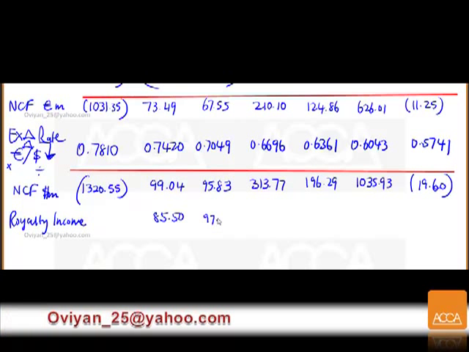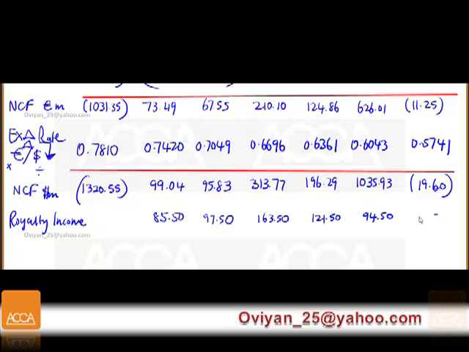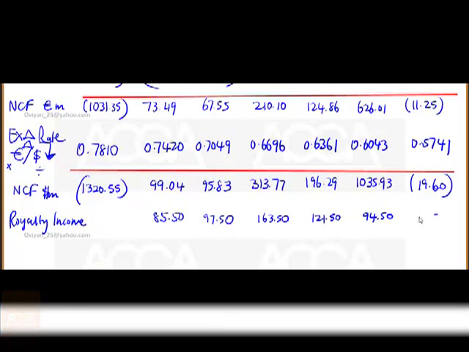85.5, 97.5, 163.5, 121.5, 94.5. But don't forget, once you bring it in as your royalty income, Penn company will be taxed in that country at 25% on that royalty income.